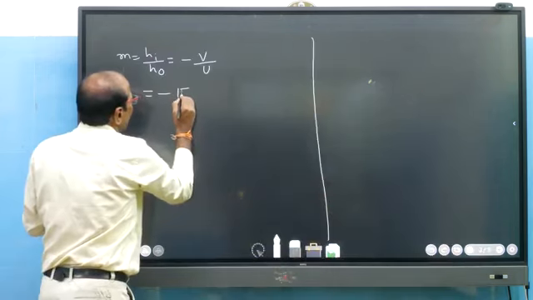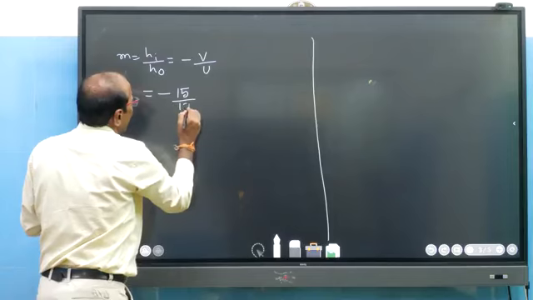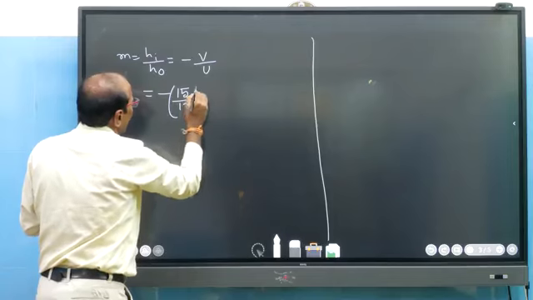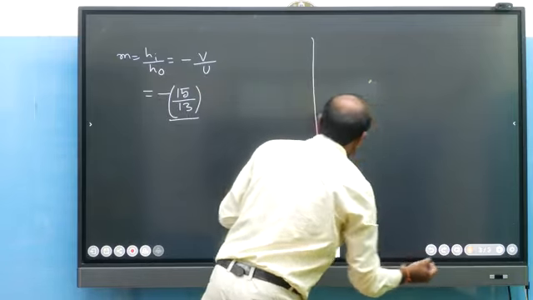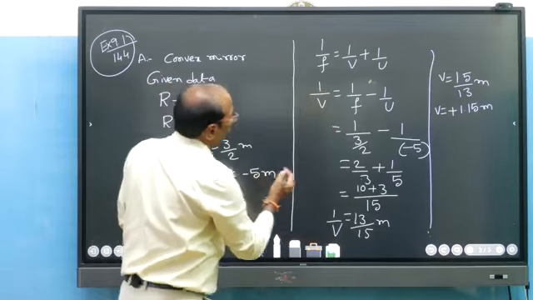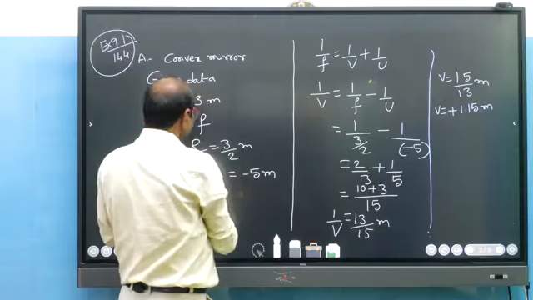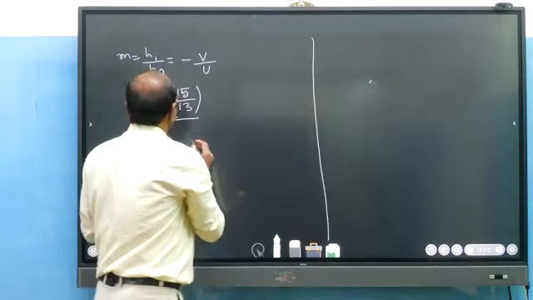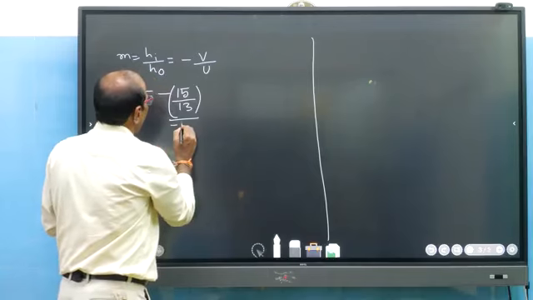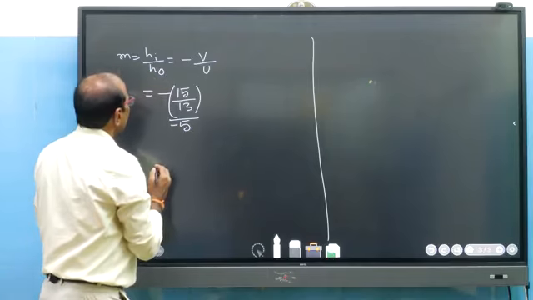So minus 15 by 13 meter by the U value, which is minus 5 meter.